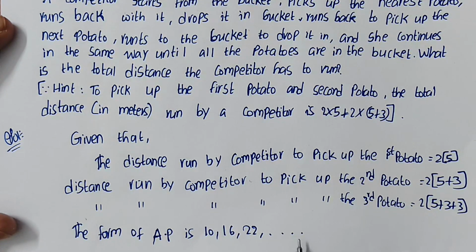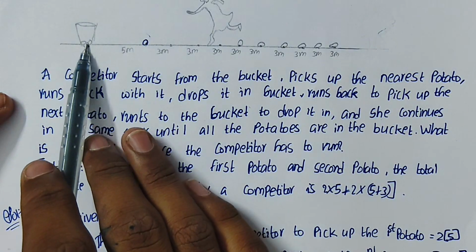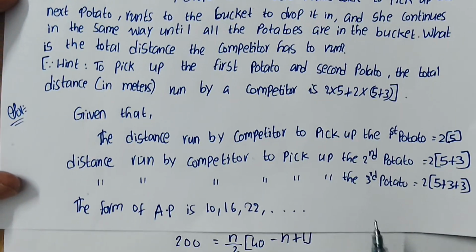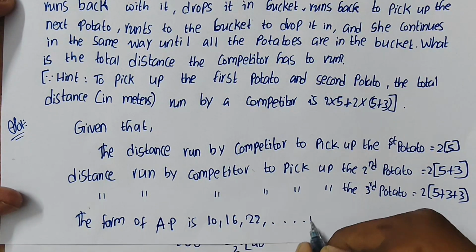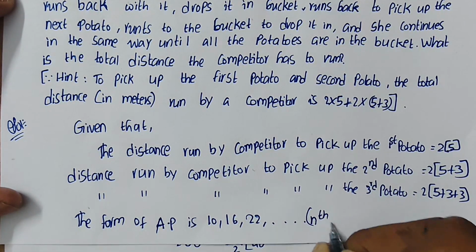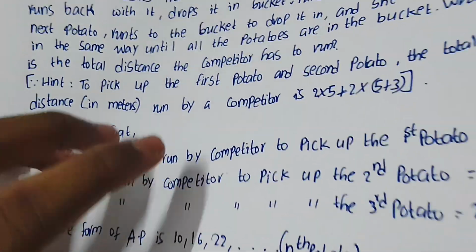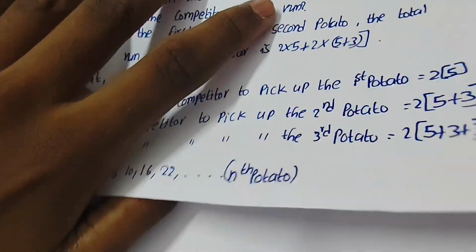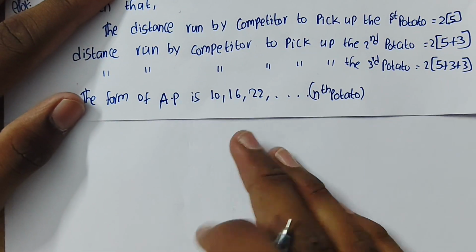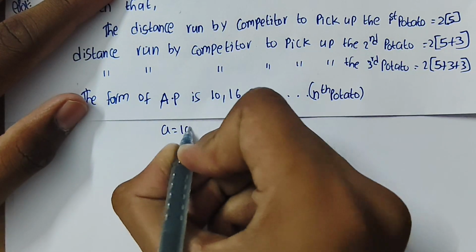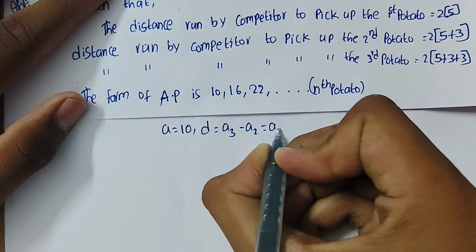n, the distance covered to take and put it in the bucket for the nth potato. From this AP we know, I am taking the value of a equals 10, means the first term is 10, and d equals a3 minus a2, which should equal a2 minus a1.